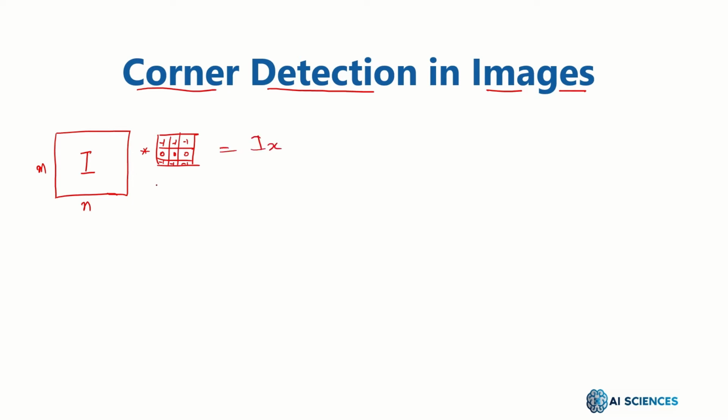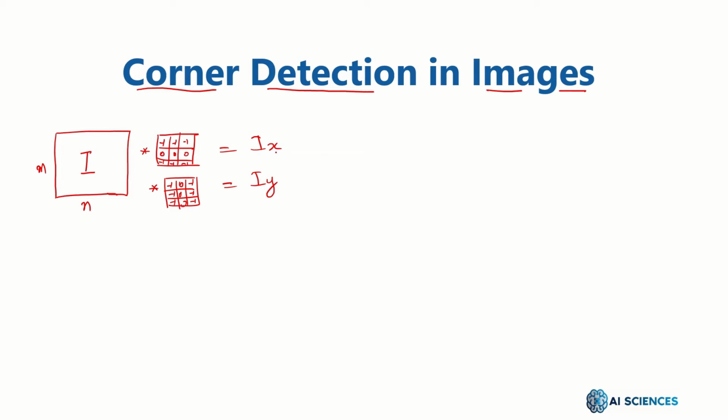Then we convolve the image with the y derivative filter. It depends on what conventions of x and y you're using, because changing the convention may swap Ix and Iy.